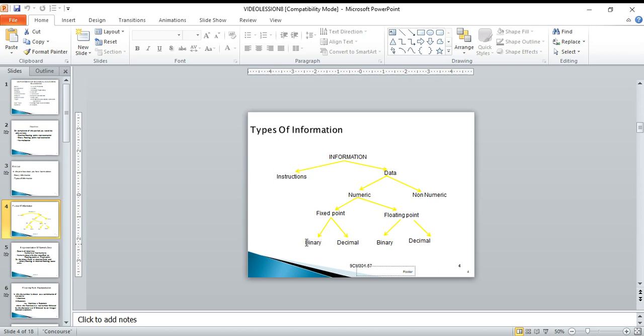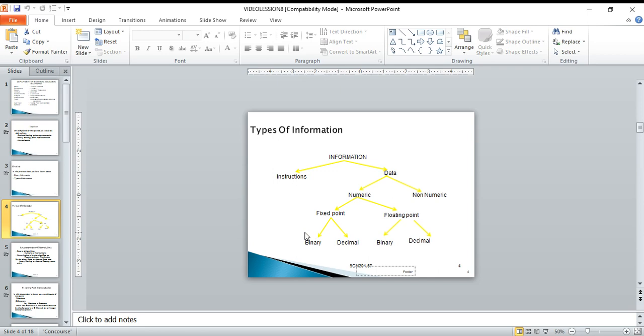So here I told you already, if the number is a positive number in the binary form, we can represent it in only one way. Binary positive number means we use one bit for the sign bit. If it is a positive number we take the sign bit as zero itself.